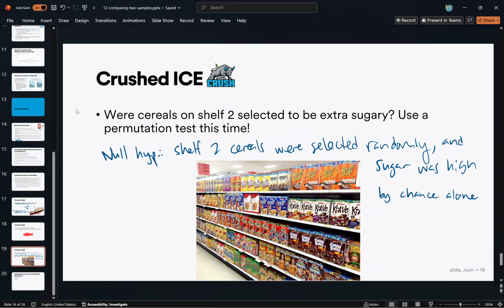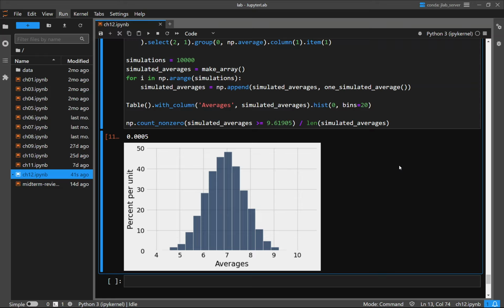We can't prove causation again, but we can say we reject the null hypothesis. It is extremely statistically significant, the difference that we saw here. It's virtually impossible for this to happen randomly. Okay, so that is the conclusion, and that leads us to have faith in the alternative hypothesis over the null, and so we say we reject the null hypothesis because of that.